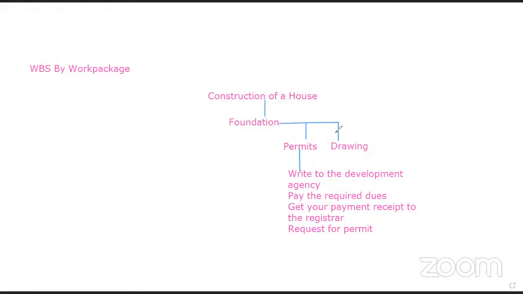Now, when you want to talk about mapping, project mapping is basically drawing or creating some sort of framework to show you the relationship from when the project started to when the project closed. So you now begin to talk about timelines within the project.